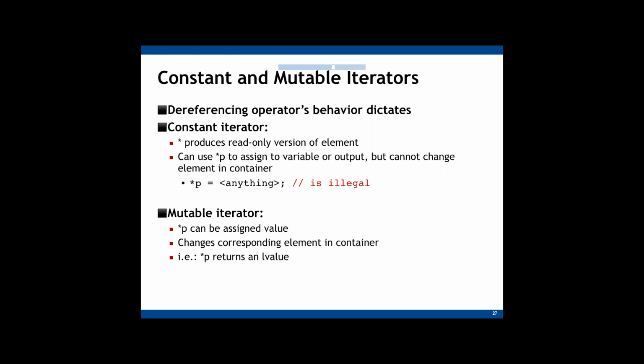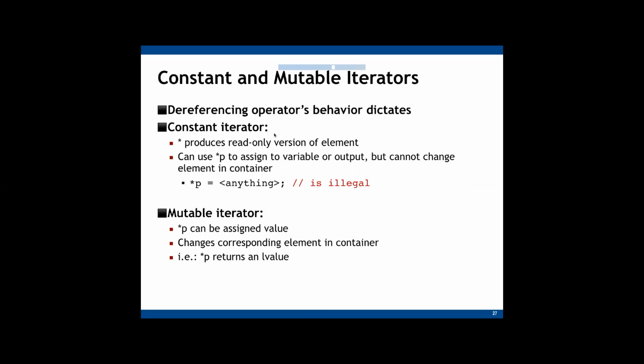But we can further categorize the iterators into 2 different categories. Forward iterator, bidirectional iterator, and random access iterator can be divided into constant and mutable iterators.